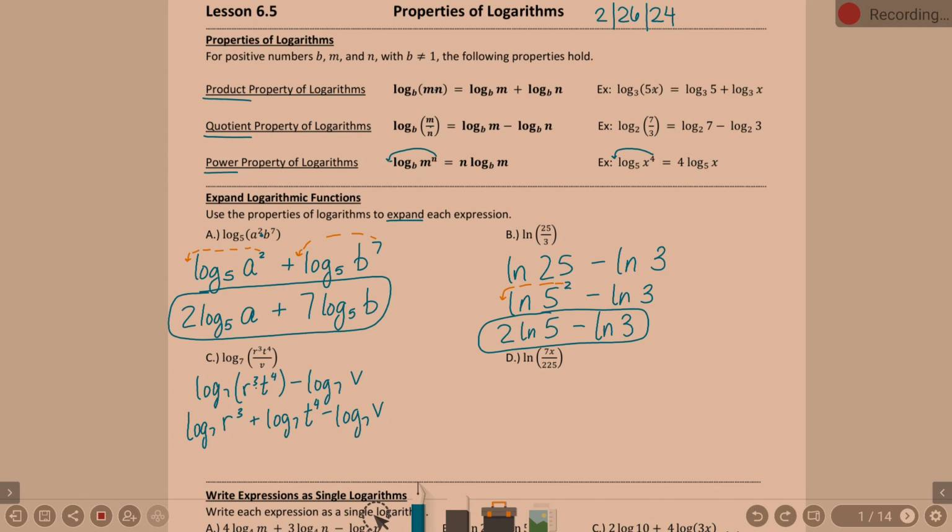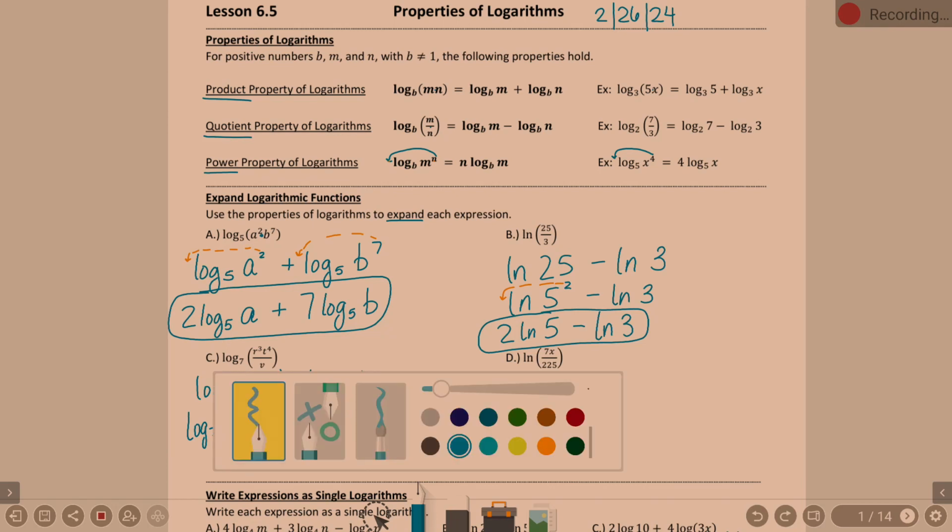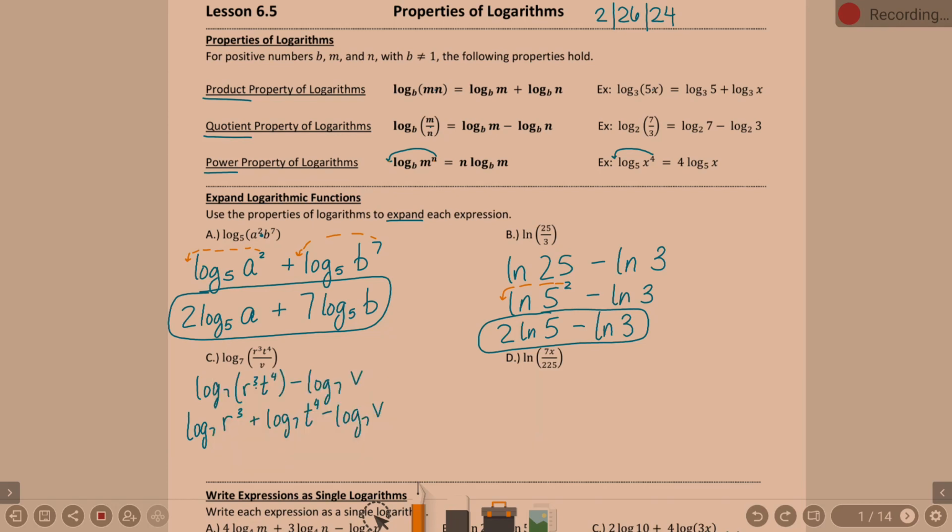Am I done? No. Now what do we get to use? Now I am ready to use the power property. The 3 on the r can go out front. The 4 on the t can go out front. And the v is just along for the ride.